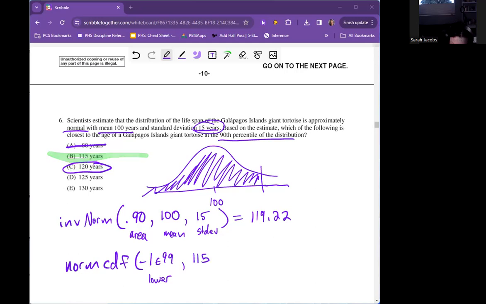So we'll set that as our upper. And then for our mean, we're going to put in our mean and standard deviation. This is nice because we have the mean and standard deviation, so we don't have to go through z-scores. Cool.